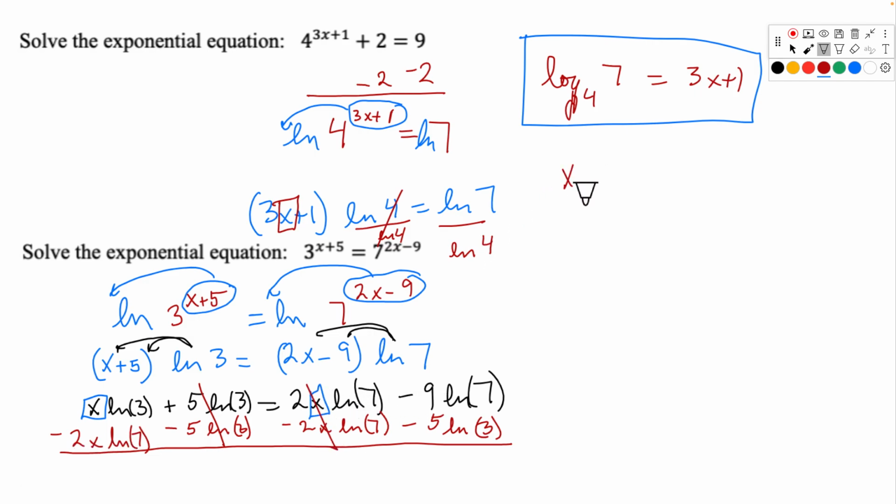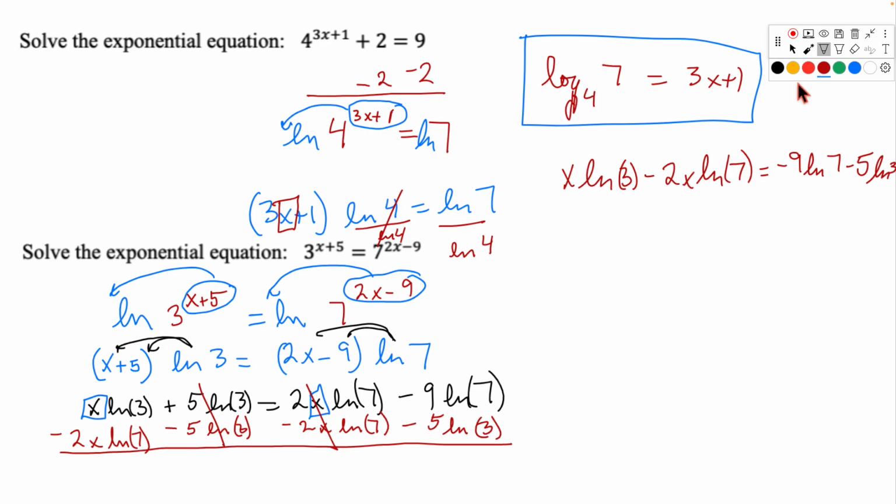So we have x natural log of 3 minus 2x natural log of 7 equals negative 9 natural log of 7 minus 5 natural log of 3.